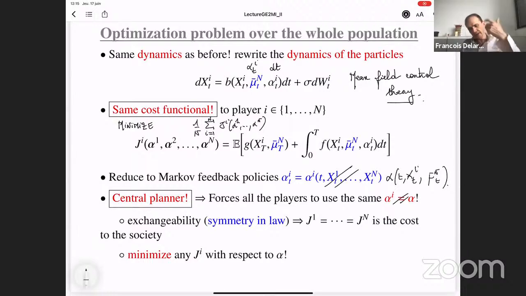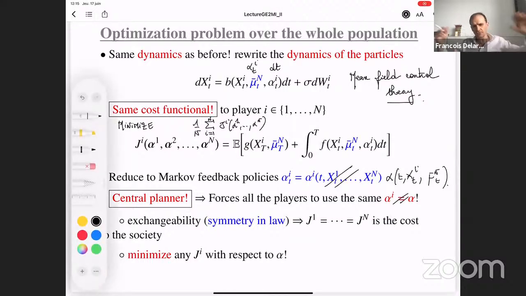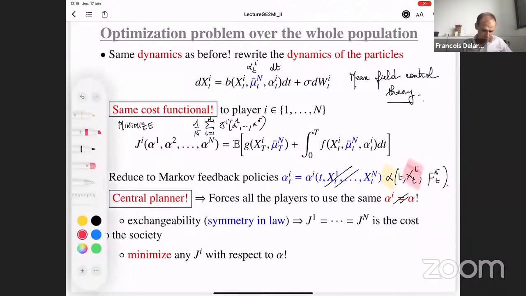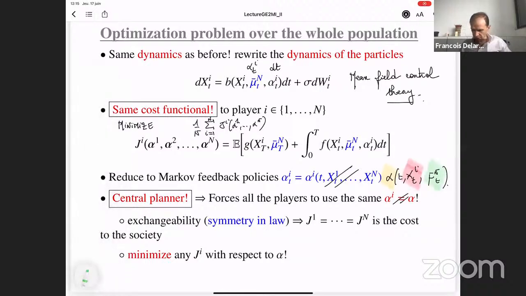So I am the chief, and I'm telling you which strategy you have to follow. And all of you, because you work for my company, for instance, are going to play the same strategy, but now they implement this strategy at their own state, and also depending on the state of the population.